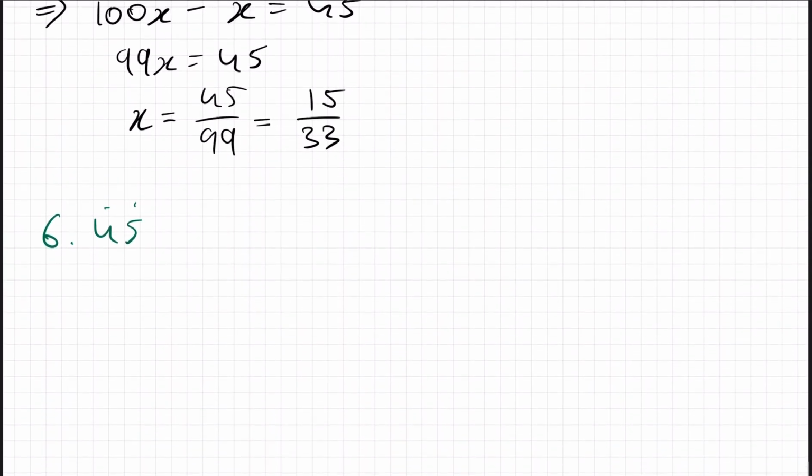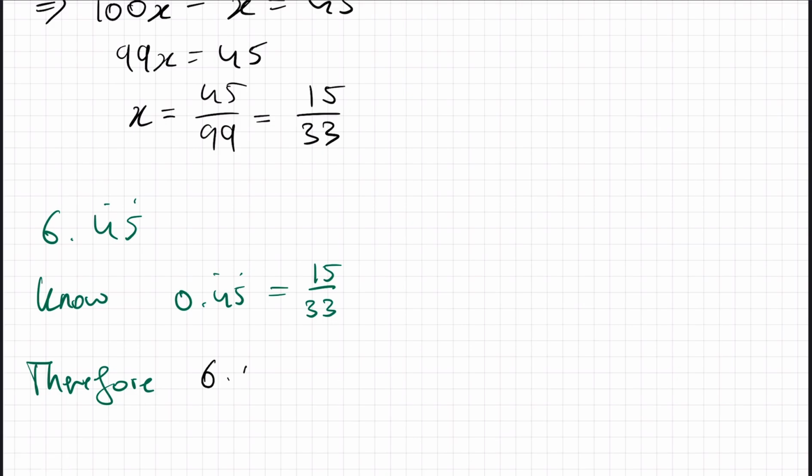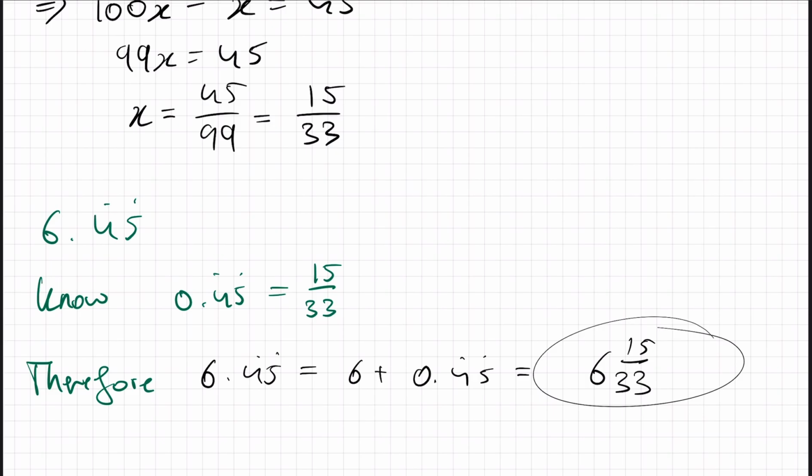But another way to do it is, well, 0.45 recurring is 15 over 33. So therefore, 6.45 recurring is just the same thing as 6 plus 0.45 recurring, right? So if we write this in mixed fraction form, this is 6 and 15 over 33, which you can simplify and do whatever you want, but there's your fraction.